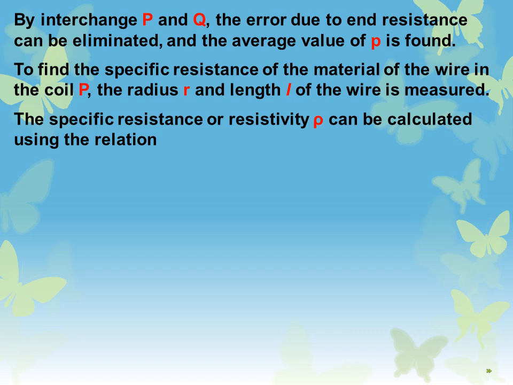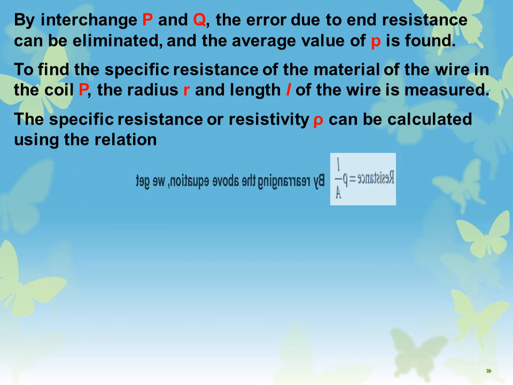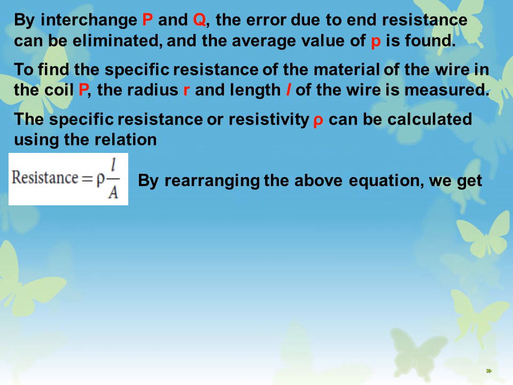To find the specific resistance of the material of the wire in the coil P, the radius r and the length L of the wire are measured. Now the specific resistance or resistivity rho can be calculated using the relation: resistance is equal to rho L by A, length by area.